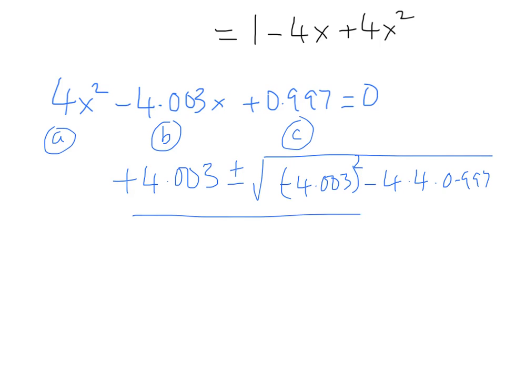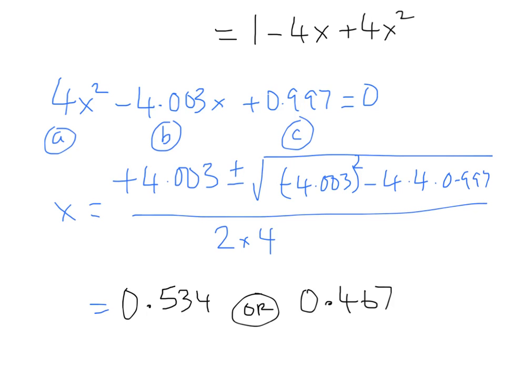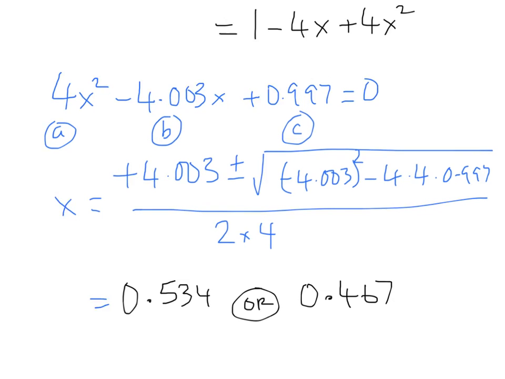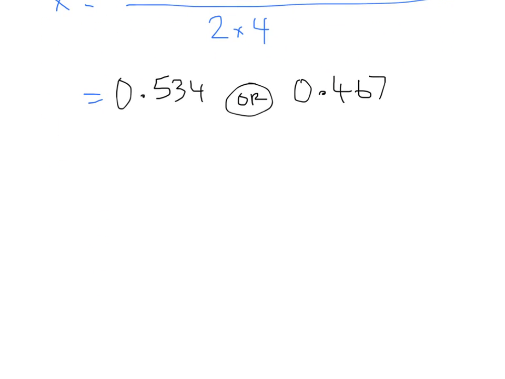Square rooting all of that, and that's over 2a, 2 times 4. So we can solve for x, and if we do that, it looks like this. So again, all quadratics are going to have two solutions. Now, hopefully one of these is impossible, and the other one is physically possible, and we can keep it.